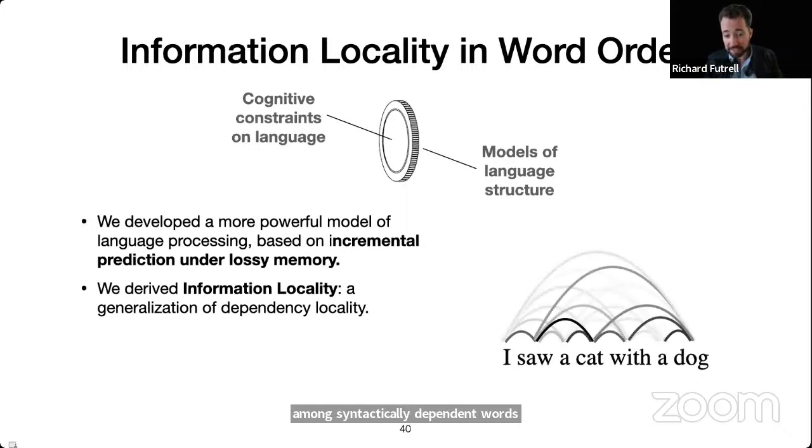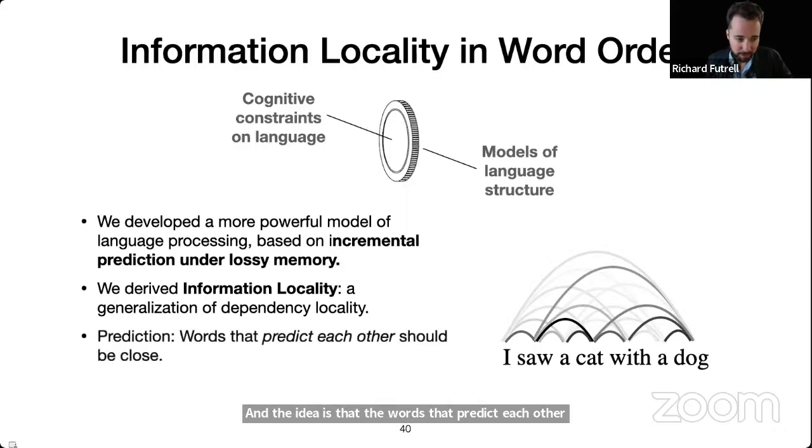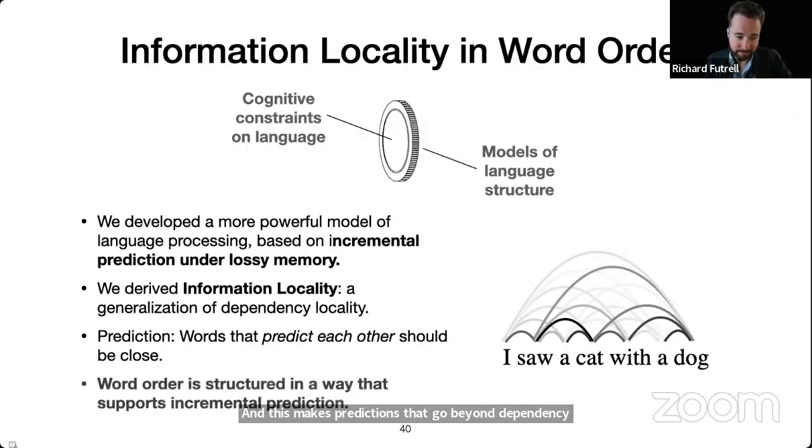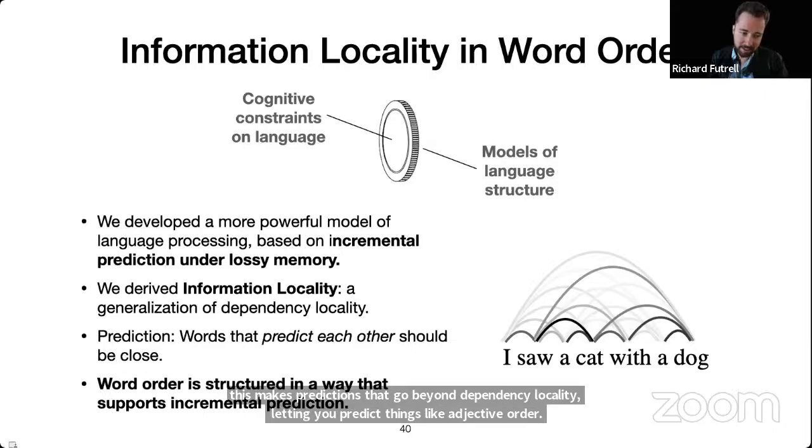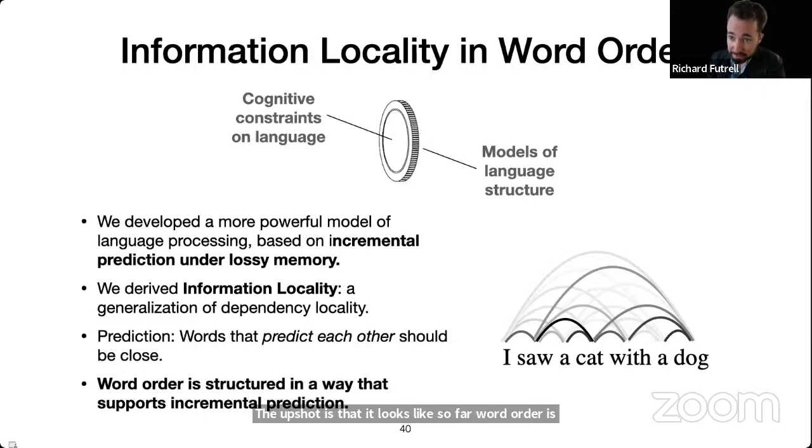Now we're generalizing that into this web of predictive relationships among all the words, where those predictive relationships are just mutual information. And the idea is that the words that predict each other now want to be close to each other. And this makes predictions that go beyond dependency locality, letting you predict things like adjective order. The upshot is that it looks like so far word order is structured in a way that supports incremental prediction in the way that humans do it.